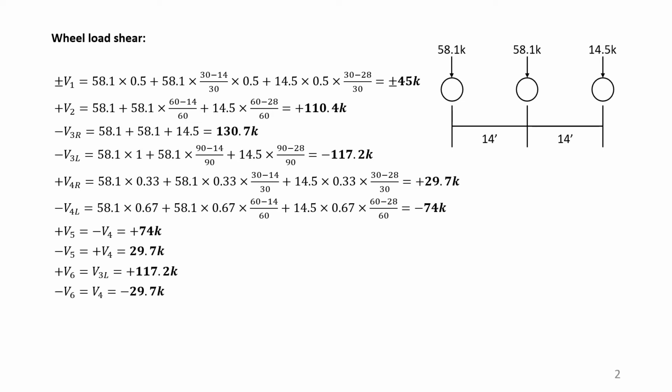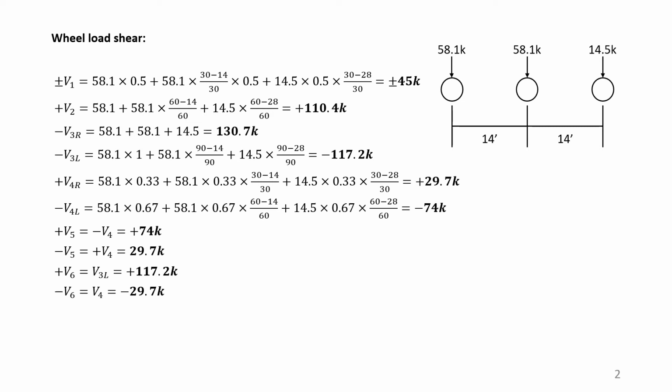There are some similarities in these figures. You see the left shear of 4 and right-hand shear of 5 are the same, and in this way, by seeing the similarity, we can pick up some values from the previous calculation. We have shown that plus 5 is equal to minus 4, minus 5 is equal to plus 4, plus 6 is equal to plus 3 left, and minus 6 is equal to 4.